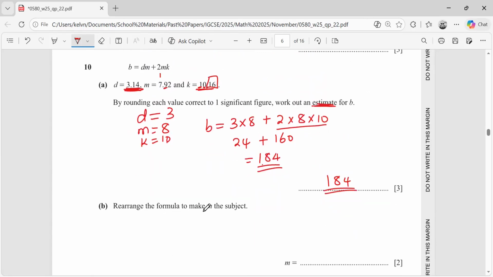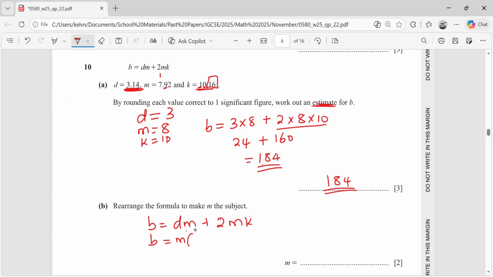It says rearrange the formula to make M the subject. So we have B is equal to dm plus 2mk. So in a case like this, you notice M is in 2 places. It has to be in one place. So the easiest way to think about this is to factor out M. So put M outside the brackets.